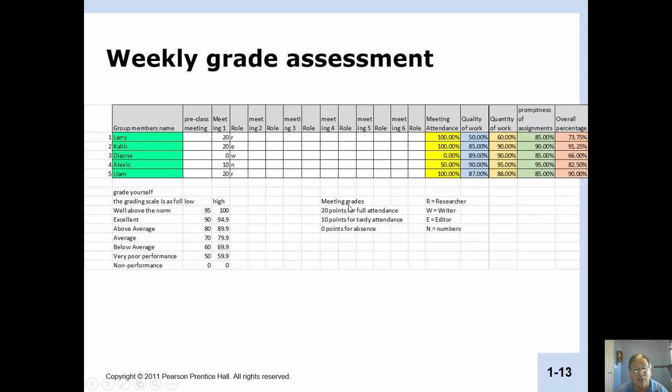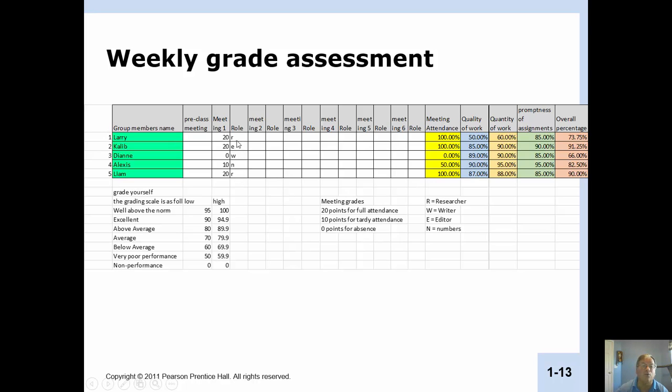Now, how you determine presence and attendance is up to you. If for some reason somebody's out of town and they want to do a virtual meeting, that's fine with me, as long as you are meeting with a group at a certain specific time that's scheduled for everyone.